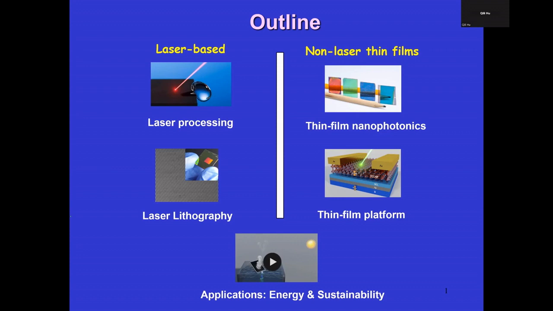And then for the second part, I will discuss something that is lesser known to many, even to the audience here: we also have an active research area that does not use lasers. Particularly, we're going to discuss a topic that is really trying to marry optical coating technology with more modern nanophotonics.